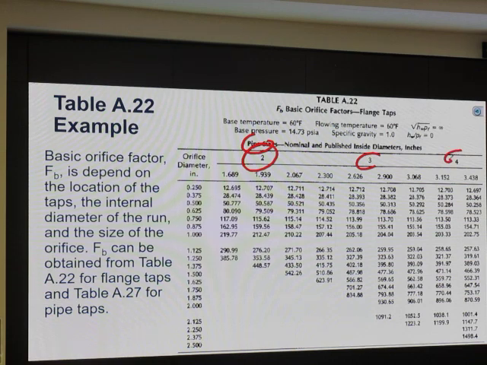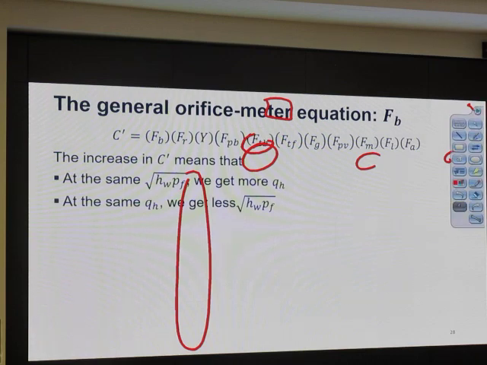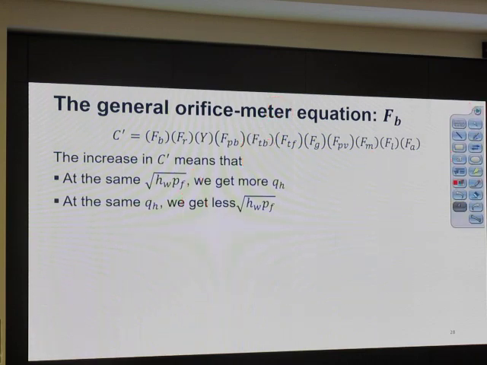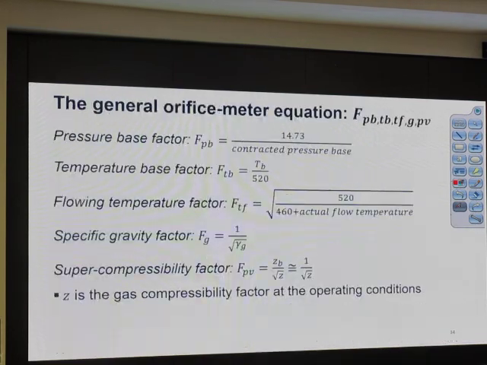How big is the orifice diameter? So this dictates F sub B. Very important, the most important one. There are several other factors that contribute to this constant calculation. The rest is to account for some minor things, like the change in elevation or change in the Reynolds number. We will cover that next.